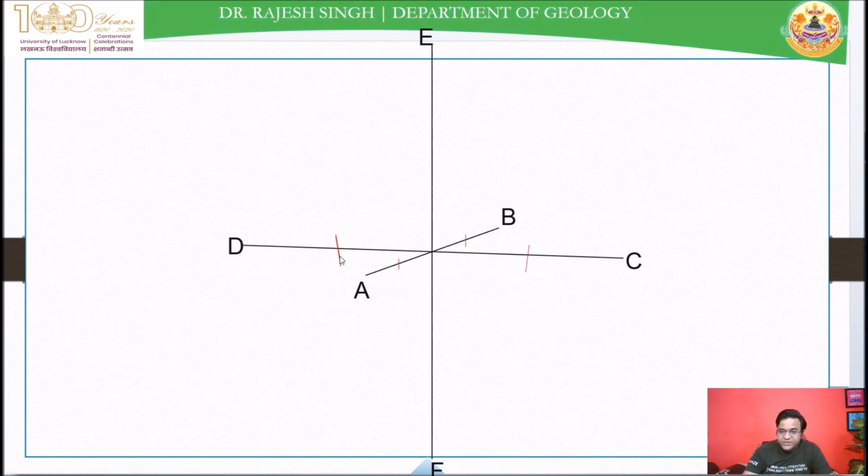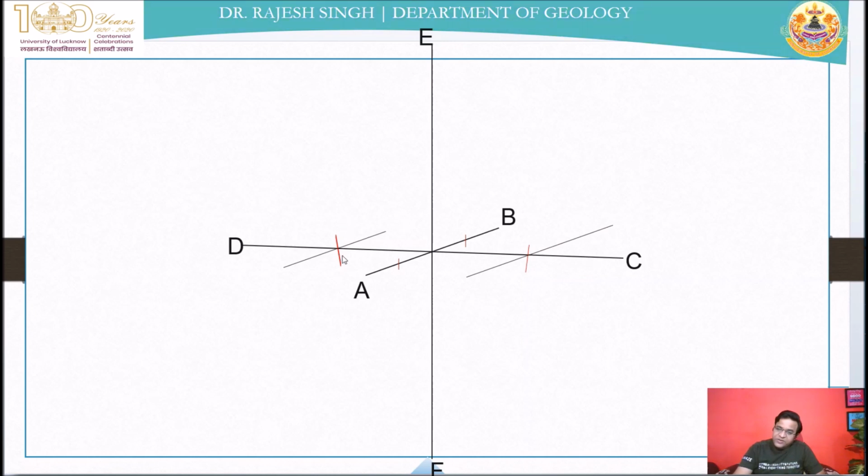These red points mark the midpoints of the positive and negative sides of the A1 and A2 axes. Now at the midpoints of the A2 axis, draw lines parallel to A1. At this point and this point, draw two lines parallel to the A1 axis, and from the midpoints of the A1 axis, draw lines parallel to the A2 axis. So draw them.